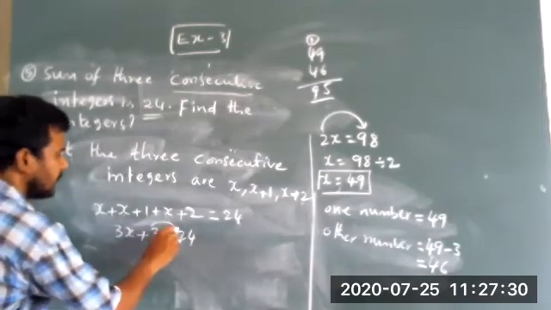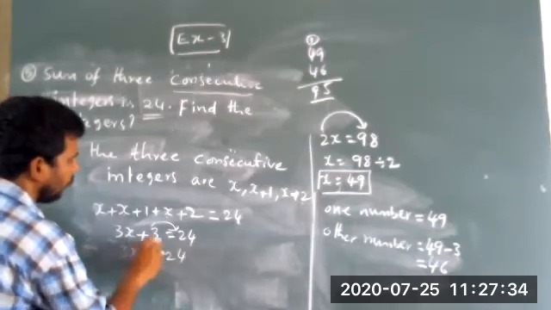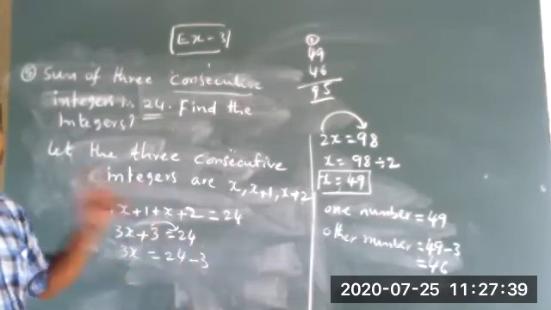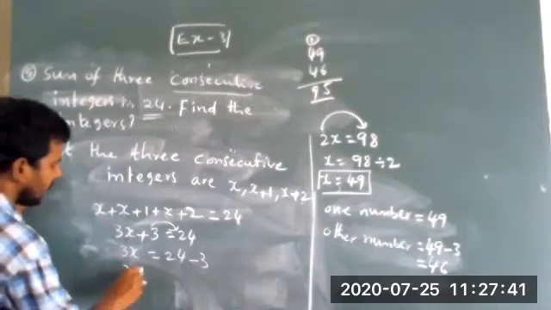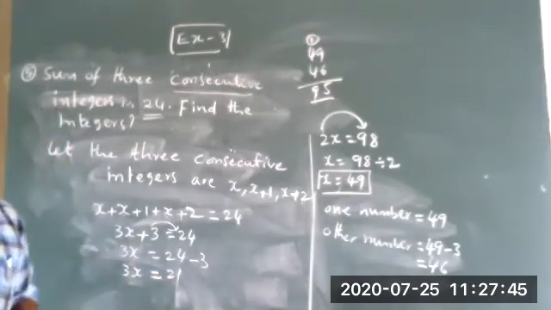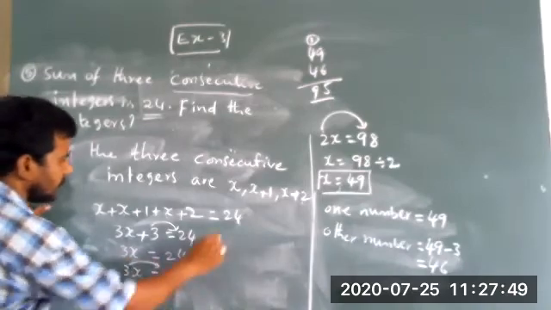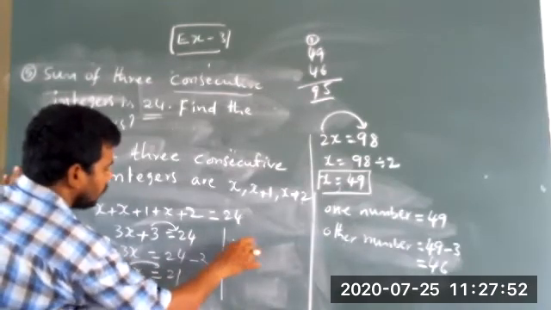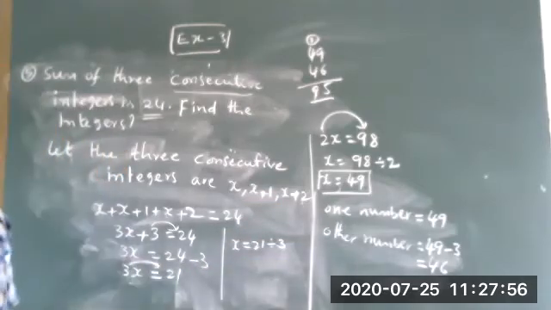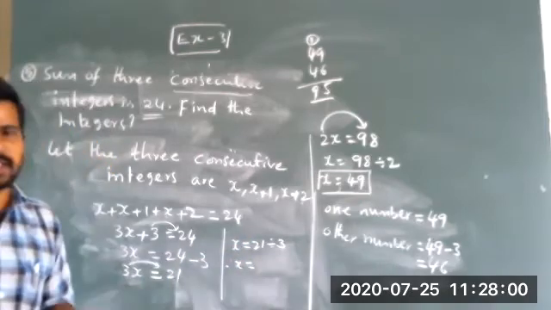Now this 3 is sent to the RHS side, so 3x equals 24 minus 3. 24 minus 3 is 21. So this 3 is sent to the RHS side, so x equals 21 divided by 3.